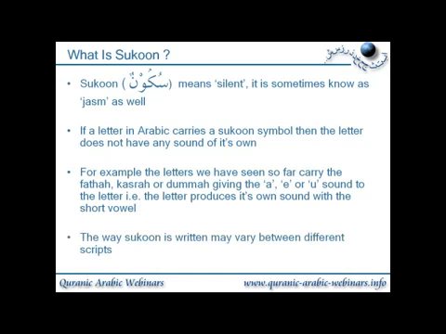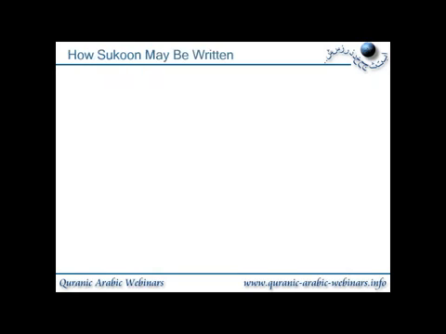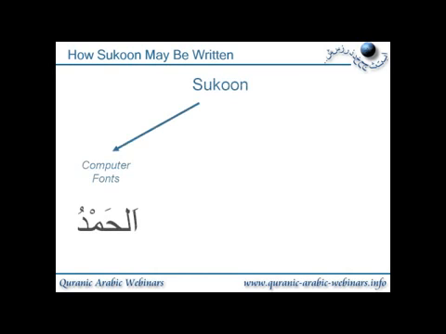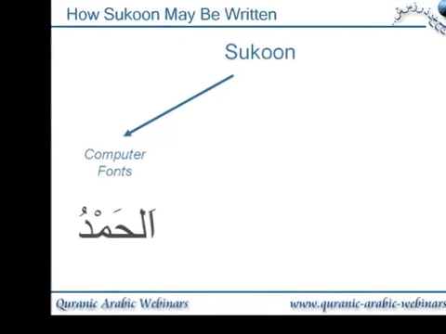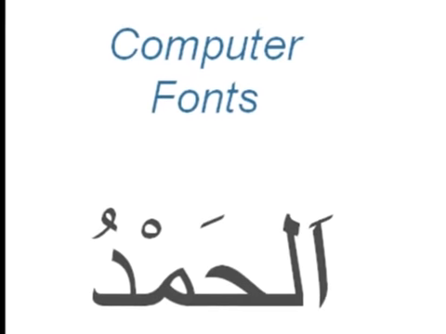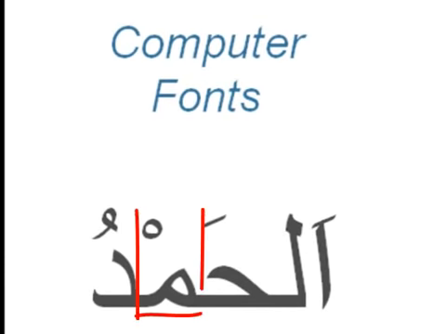The way Sukoon is written may vary between different scripts. So how may Sukoon be written? On many of the computer fonts, you will see the Sukoon written as a small circle.